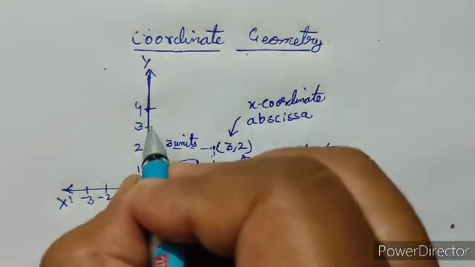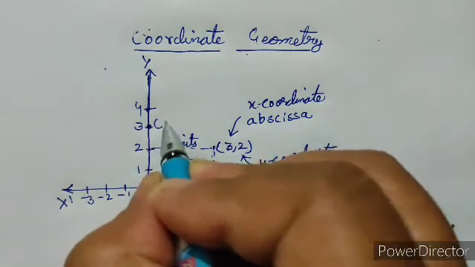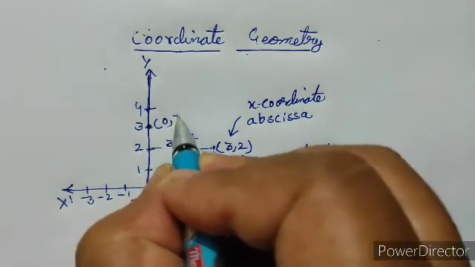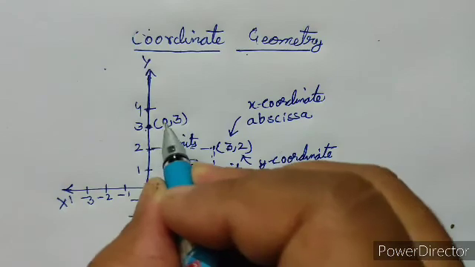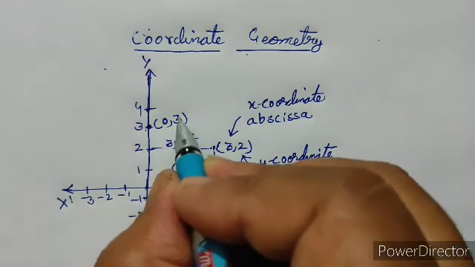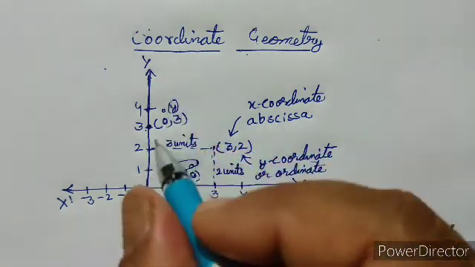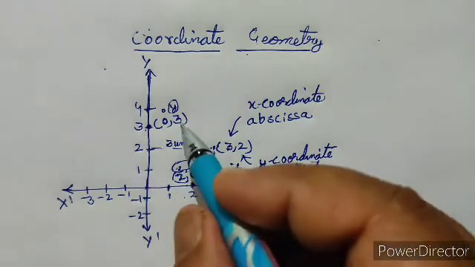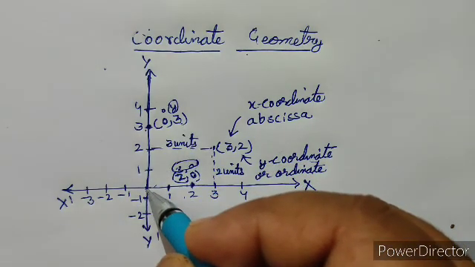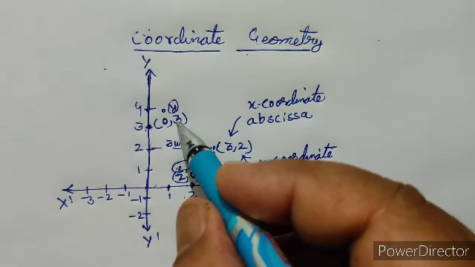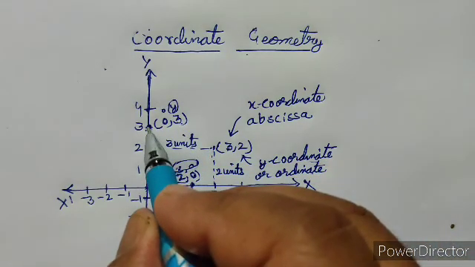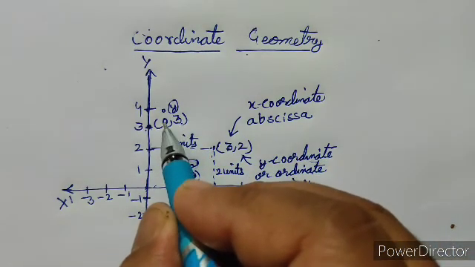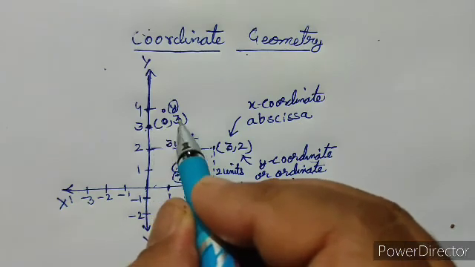Similarly, any point on the y-axis, here I am taking (0, 3), will be of the form (0, y), where the distance of the point from the x-axis is 3 units and the distance from the y-axis is 0 units, so it will be of the form (0, y).